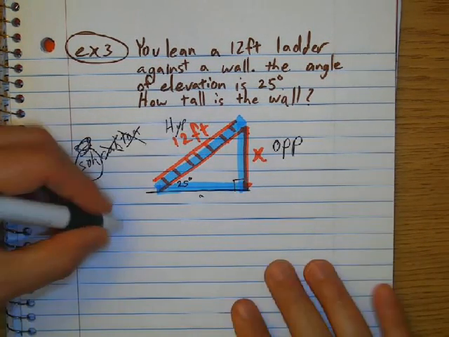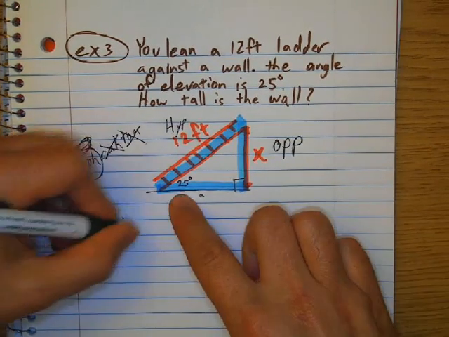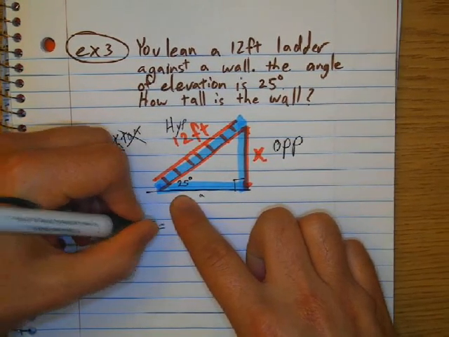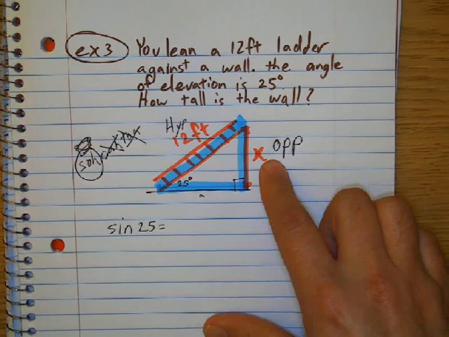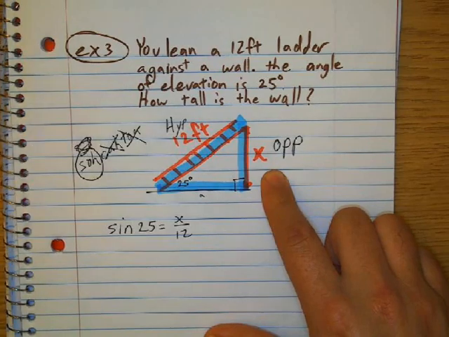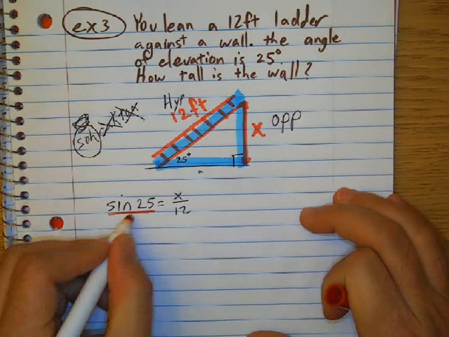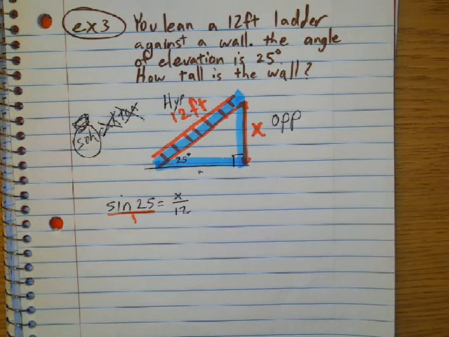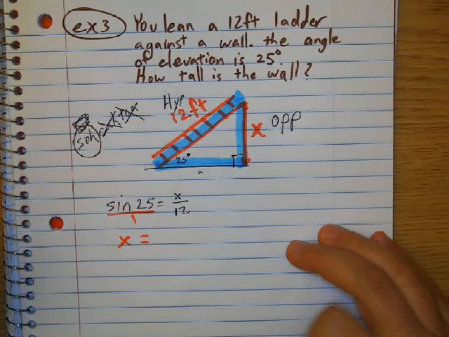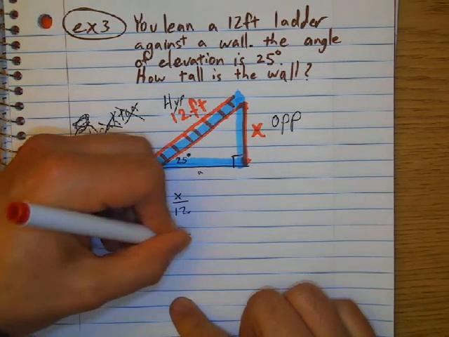So now I'm going to say sine of 25 degrees equals opposite over hypotenuse, so x over 12. Now we can solve for this. I could put this over 1 and cross multiply, and I get x equals 12 times sine of 25.